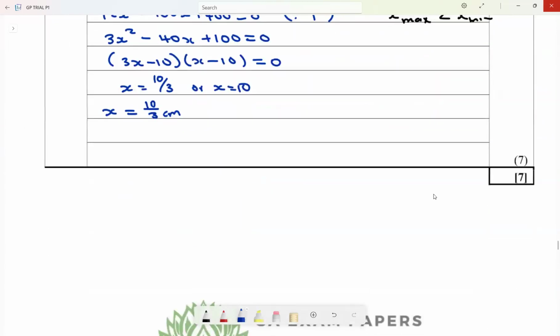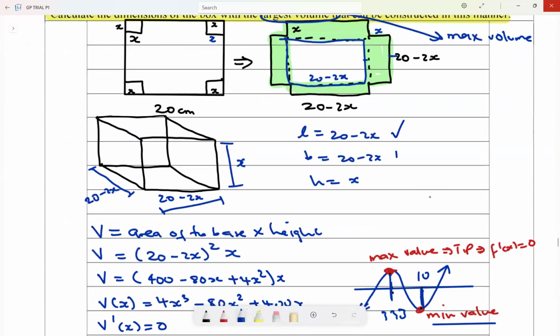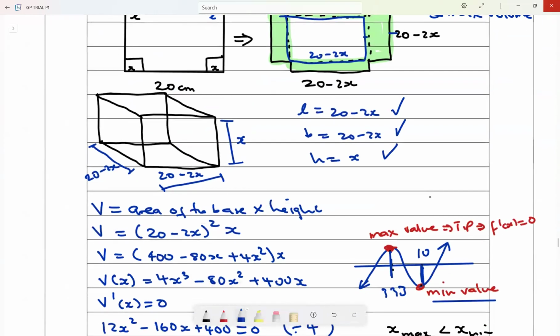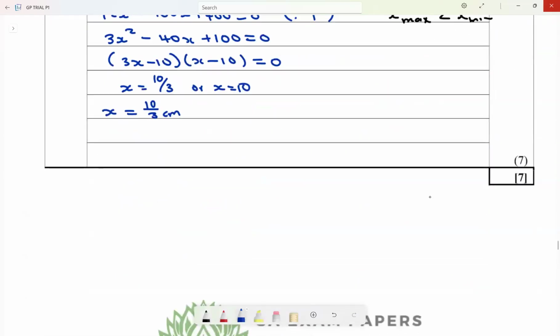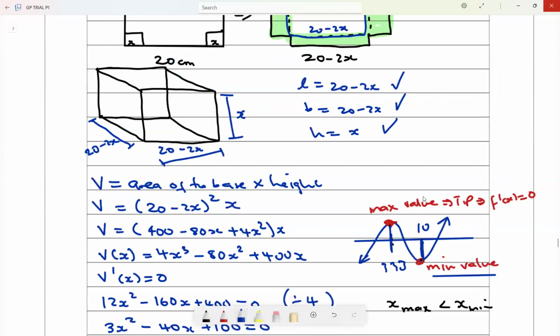Then, but they wanted what? They wanted the dimension. So the dimension should be length times breadth times height. So I can say x is 10 divided by 3 centimeters, by my breadth, which is going to be 20 minus 2 into 10 divided by 3.